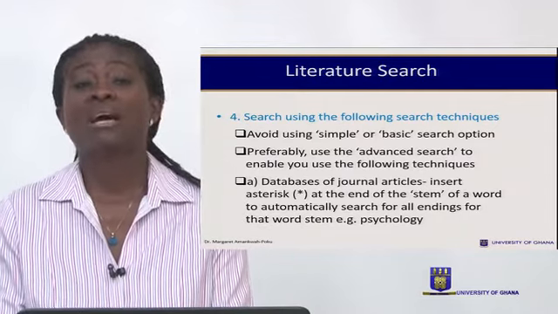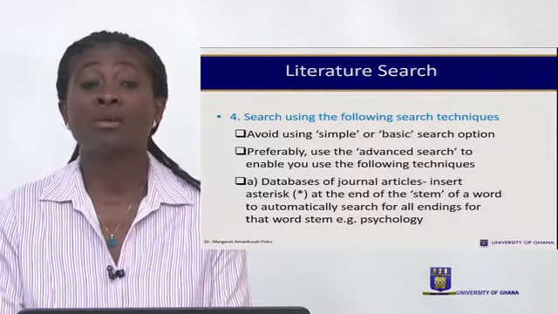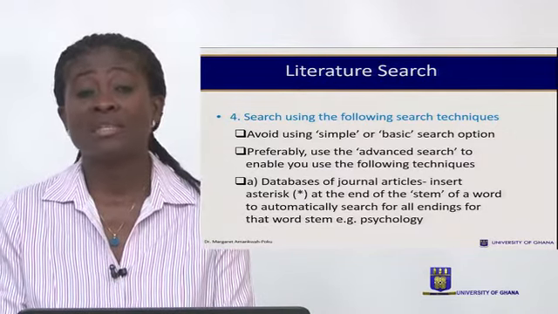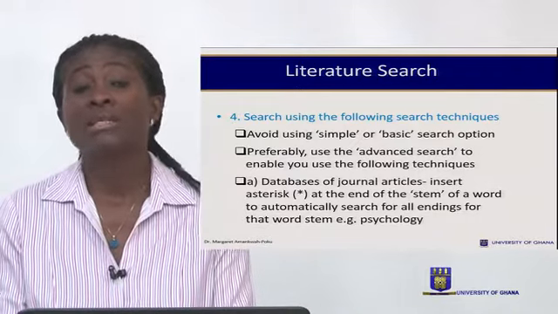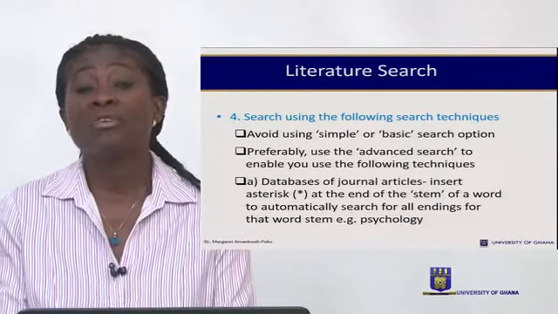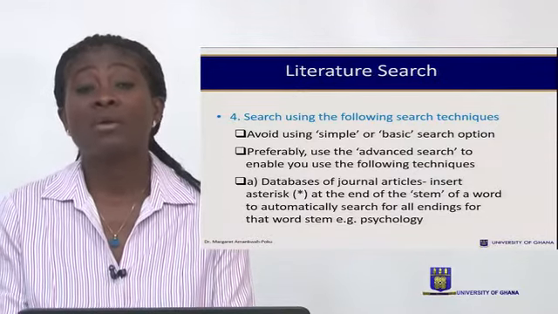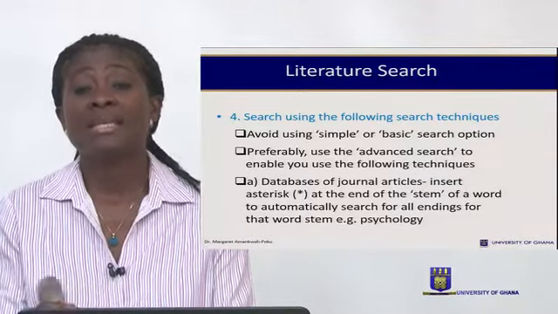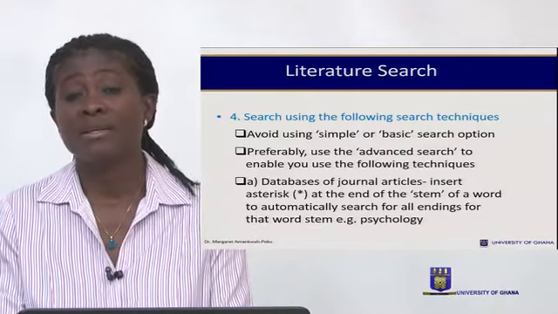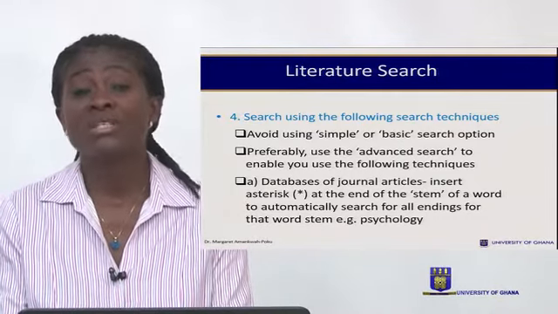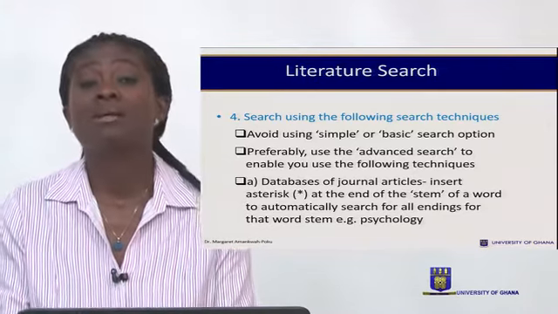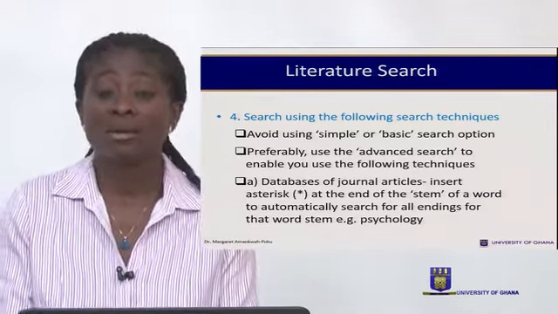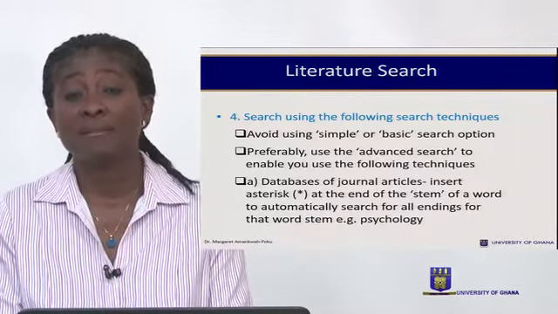What it does is that automatically the system would search for all endings for the word term psychology. So you can have psychologists, you can have psychological, etc. So any word that has the stem psychology in it and any literature with the word psychology and its extensions will be generated. So any information, any journal articles with the word psychological, psychology, psychologist will be generated.